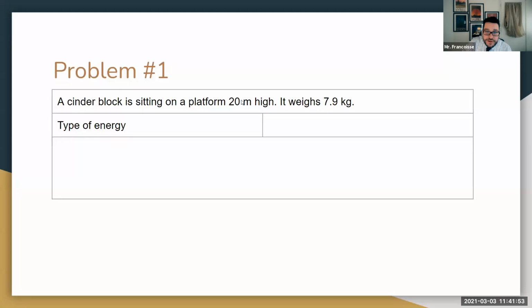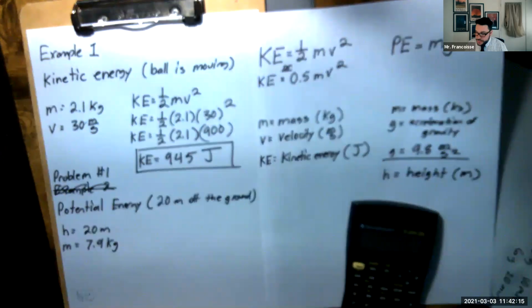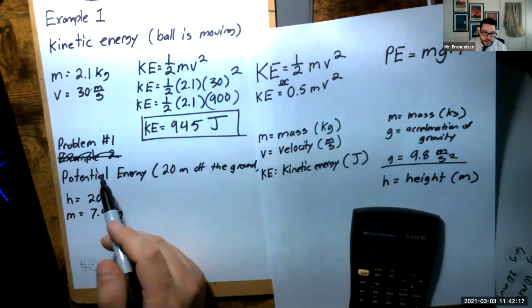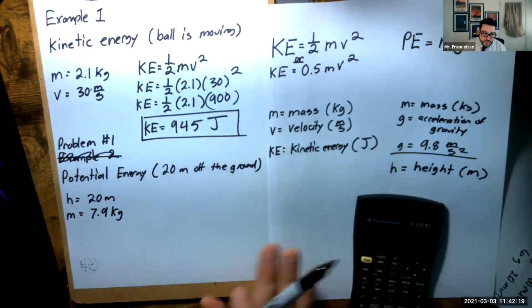So here we're given two different things. We know that we have the height, which is h, is 20 meters, and it weighs 7.9 kilograms. So 7.9 kilograms is our mass.